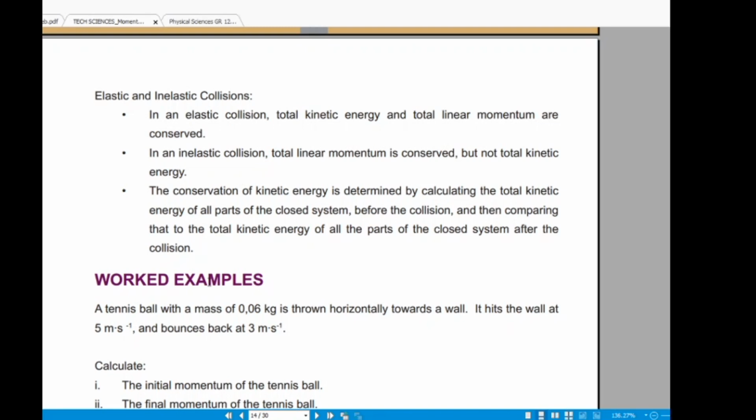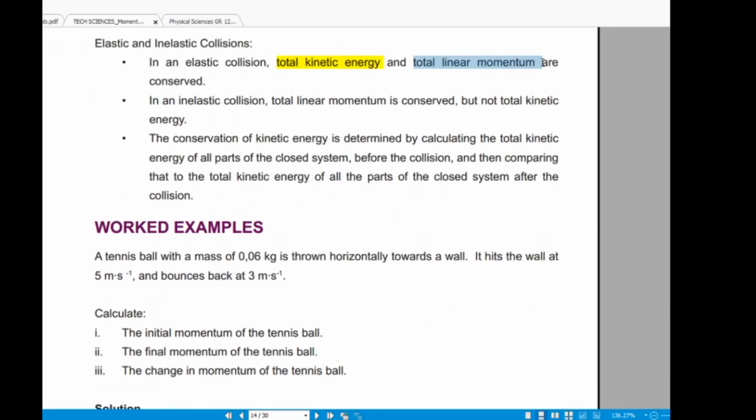So they talk about total kinetic energy and total linear momentum. So in an elastic collision, total kinetic energy and linear momentum are conserved, right?